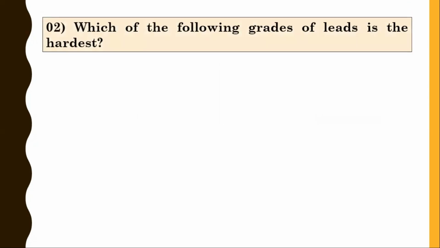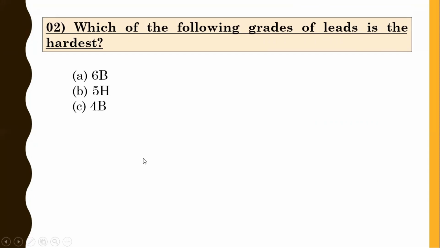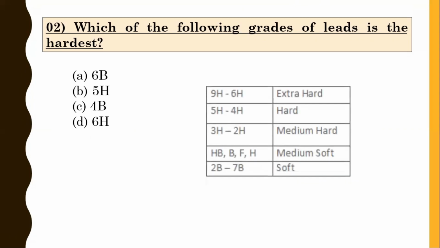Next MCQ. Which of the following grades of lead is the hardest? Options are A 6B, B 5H, C 4B, D 6H. So different grades are given according to hardness.